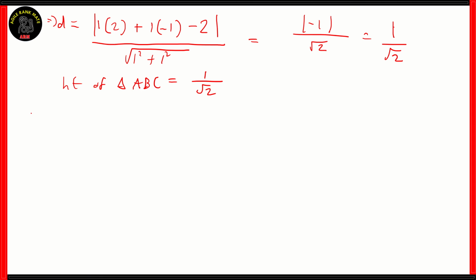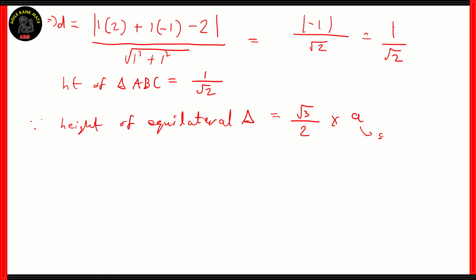Now, we're going to use the formula for the height of an equilateral triangle. Height of an equilateral triangle is always given as root 3 by 2 multiplied by a, where a represents the side of the triangle.